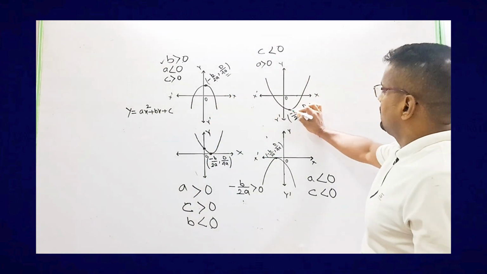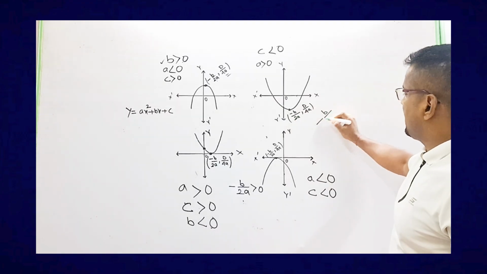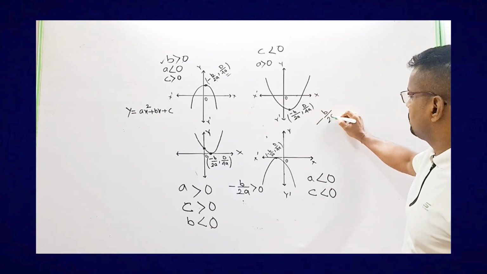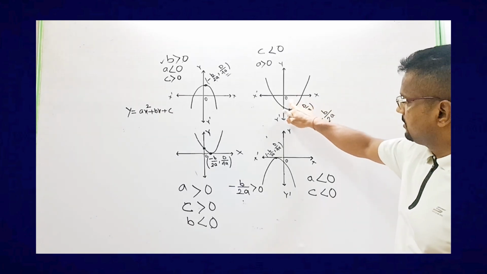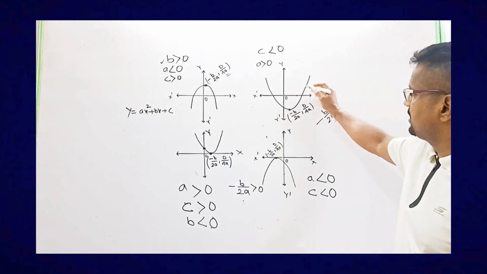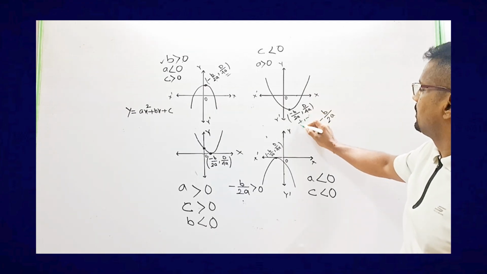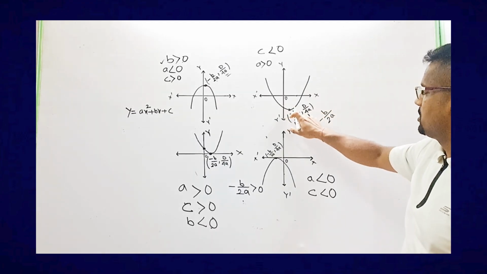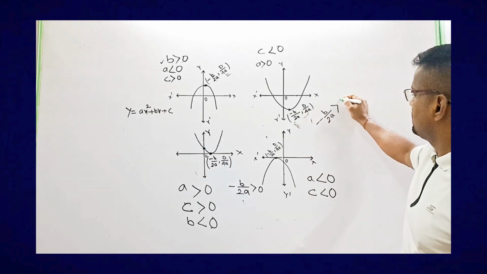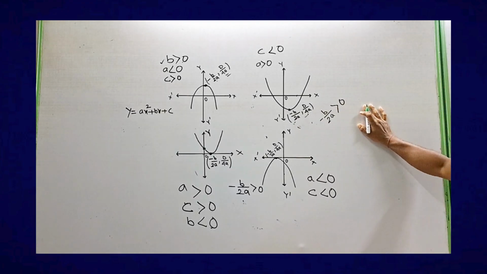Next, come here. In this case, the x coordinate of the vertex is minus b by twice a. In which quadrant does it lie? Fourth quadrant. In the fourth quadrant, the sign is what? Positive, negative. The x coordinate is positive, so therefore this is greater than 0. It is confirmed.